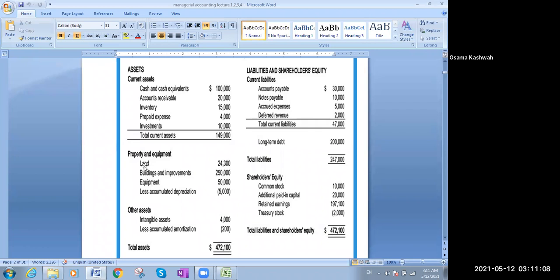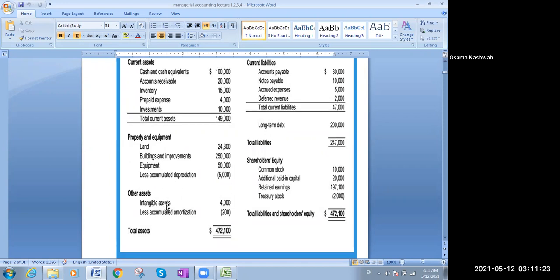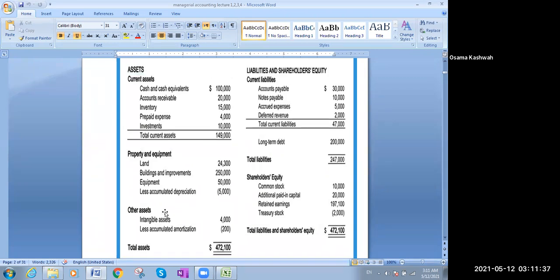Fixed assets consist of land, buildings, and equipment, less the depreciation. Notice that we deduct the depreciation. Other assets are intangible assets, like the name, the fame, or the reputation of the shop, less accumulated amortization. All this is on the side of the assets.